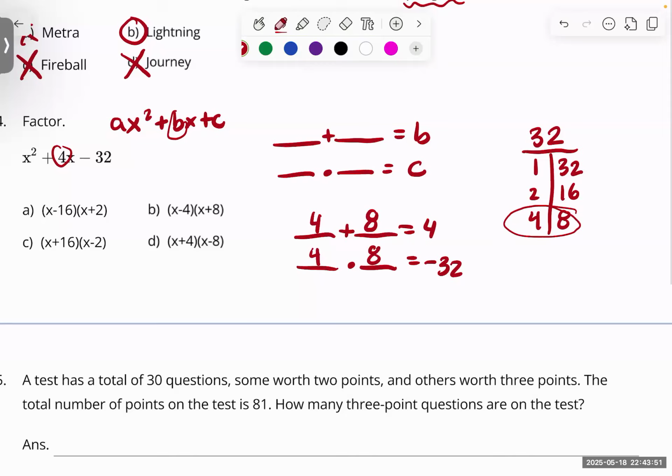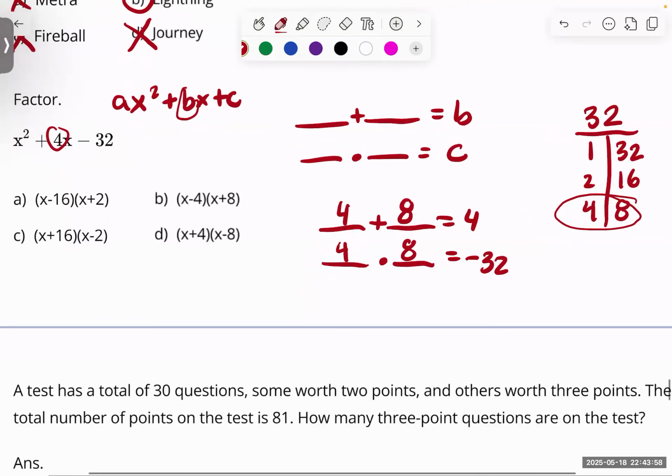But is it just positive 4 and positive 8? No, because 4 plus 8 is 12, not 4. So again, we need to make one of these negative. Well, since it's a positive 4, that means the bigger number is positive. So it has to be negative 4. Now let's check. Negative 4 plus 8, or 8 minus 4, that is 4. Check. Negative 4 times positive 8 is negative 32. That's correct.